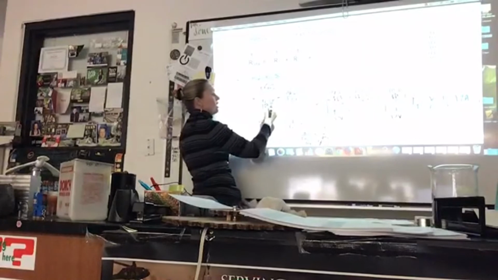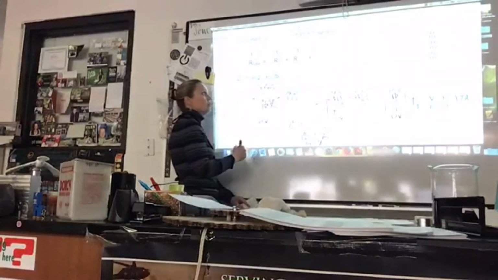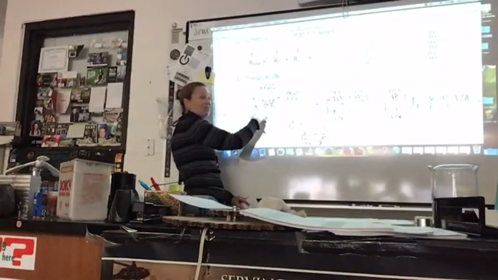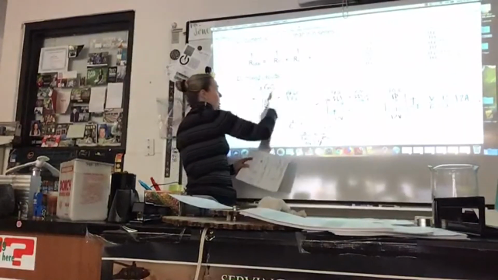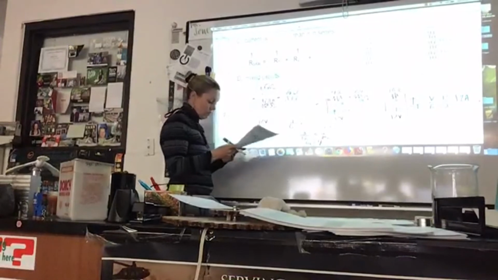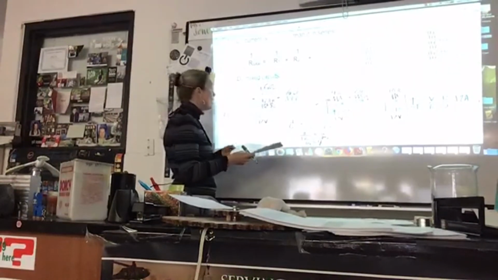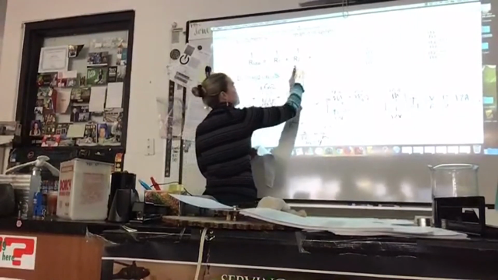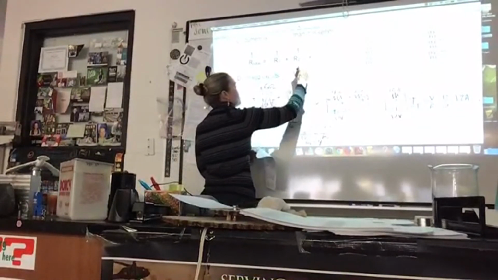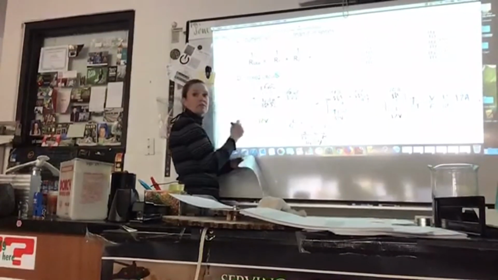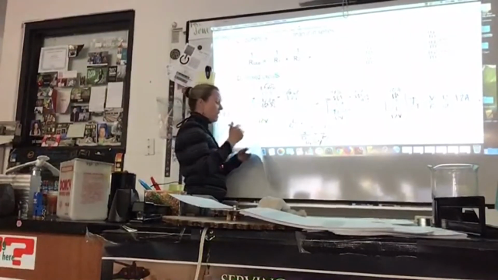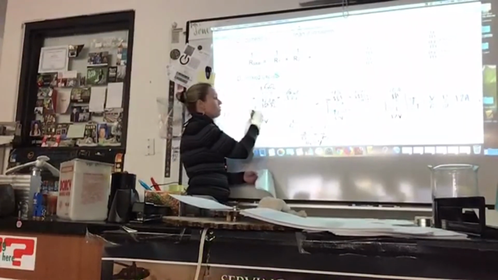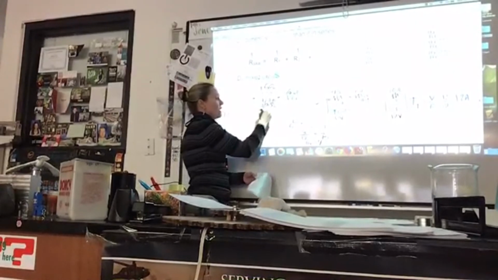And this one I have 4.8 over 12. Because this one's going to get half the current of this one. And what do I get? I don't remember. 4.8 over 6 is 0.8.